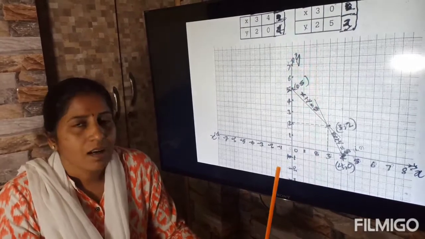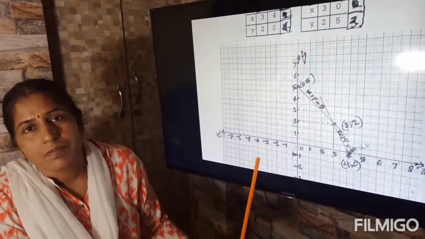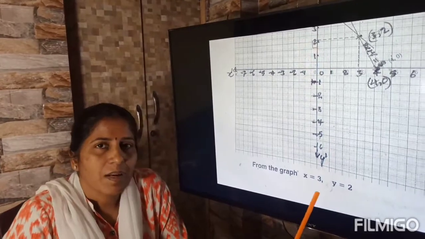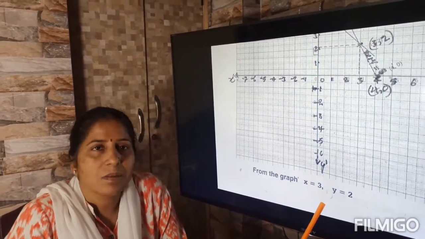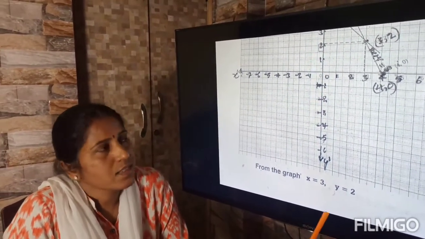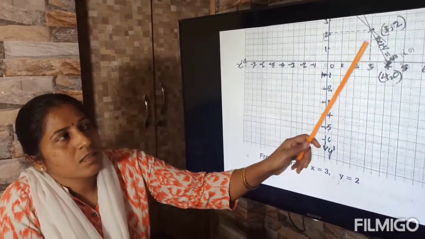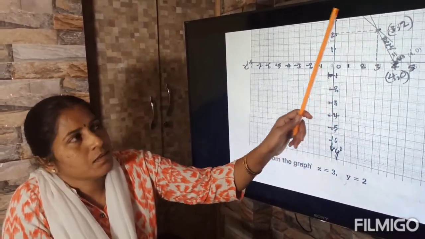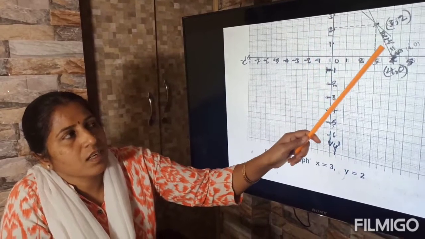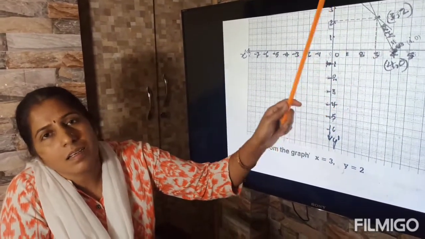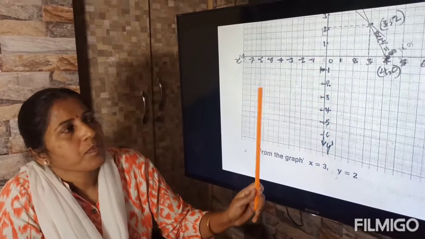Let us write, in the last graph we got x is equal to 3, y is equal to 2. Then you have to write the scale, the names of the straight lines, and the given equations; that also you have to write on that straight line. Okay.